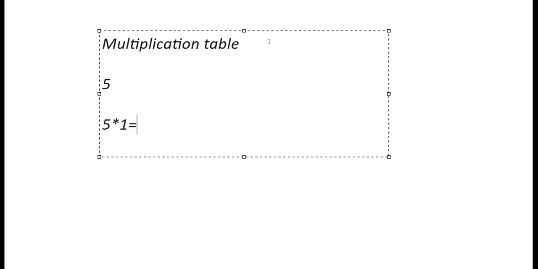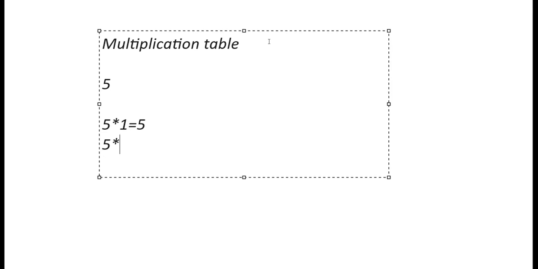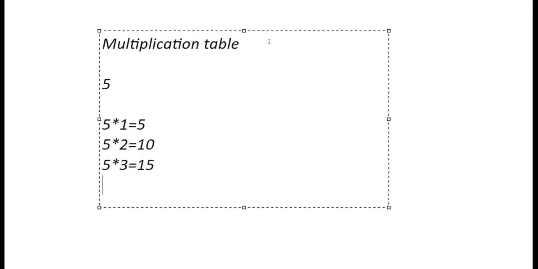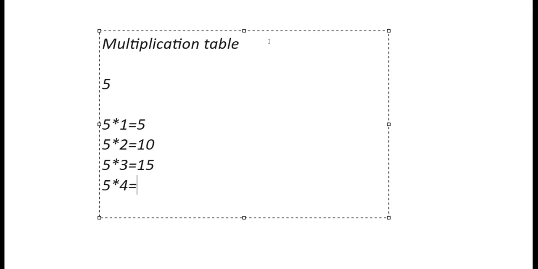5 ones are 5, 5 twos are 10, 5 threes are 15, 5 fours are what? 21?